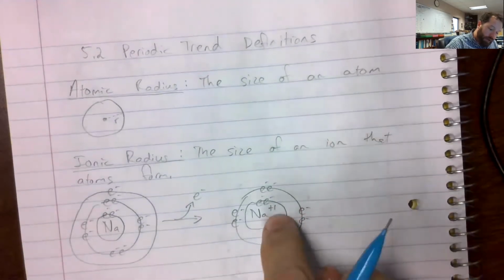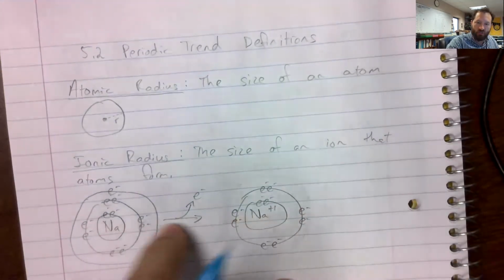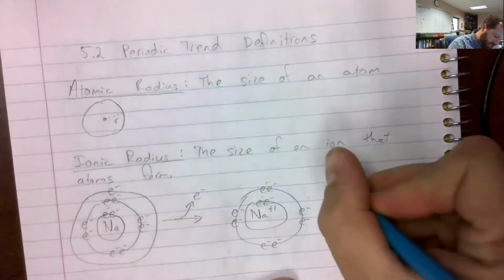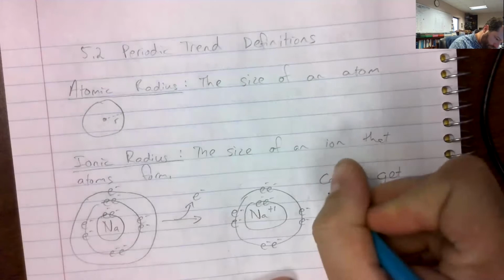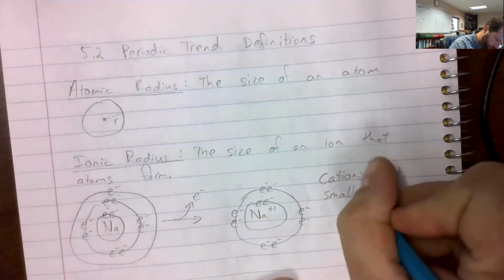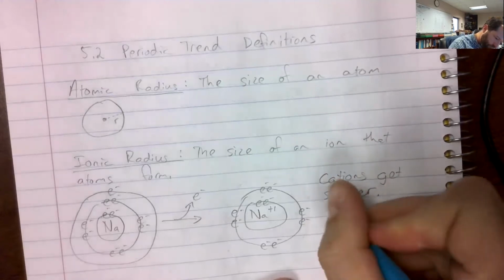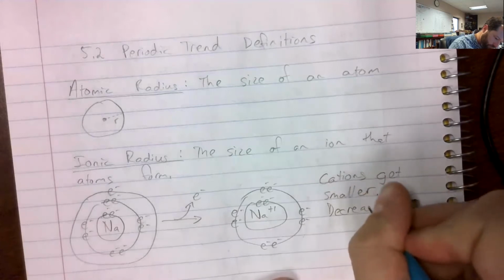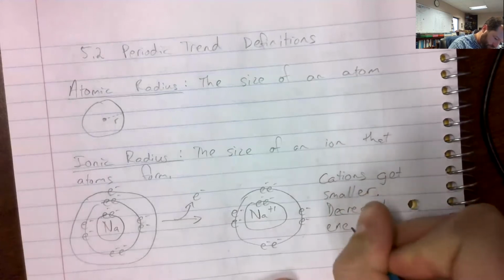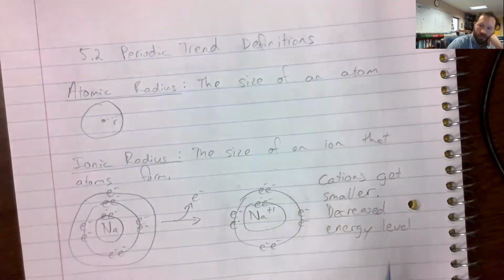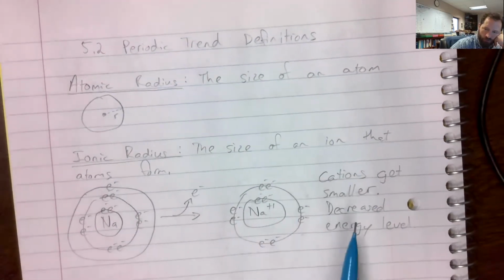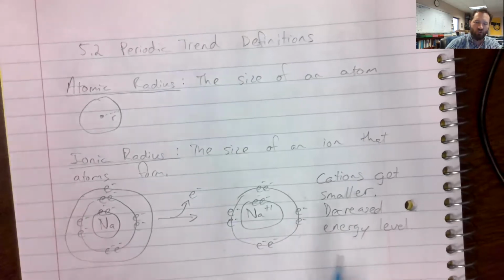So we call positively charged ions, ions that lose electrons, cations. And cations get smaller. They have a decreased energy level.